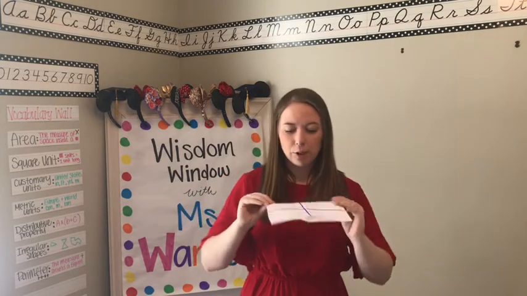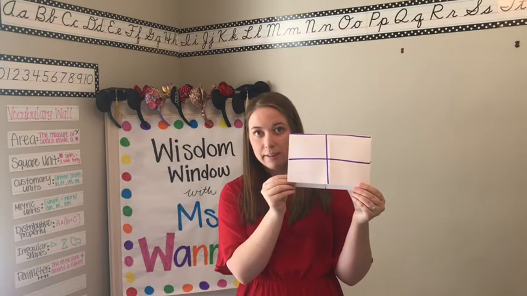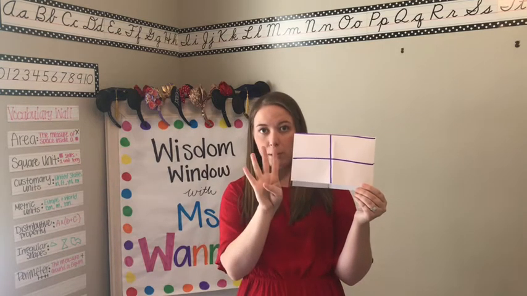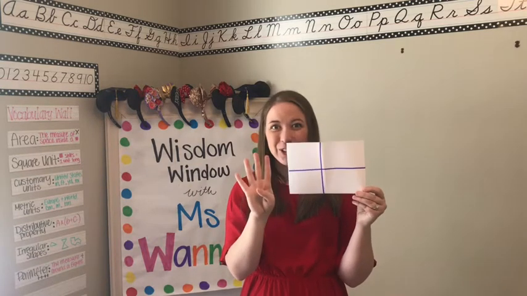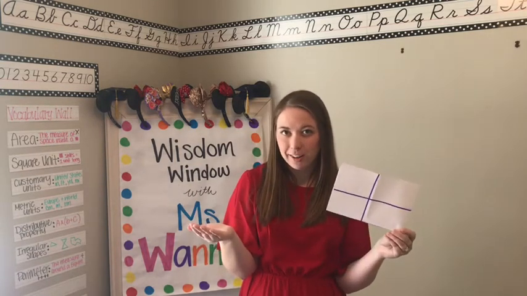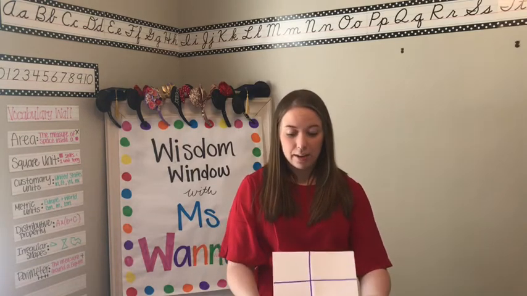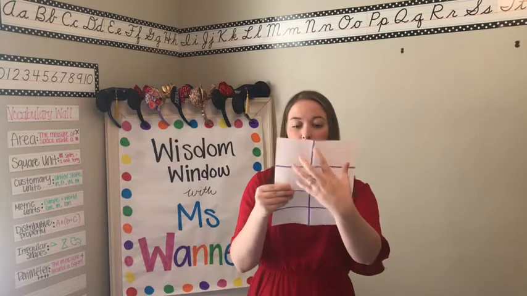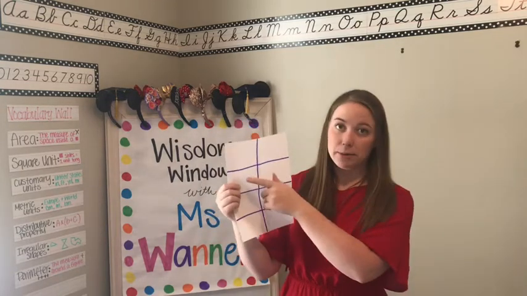Okay, now I have a question. How many square units are on this side? 4, exactly. What about this side? 4. Are they equal? They are. So that means we divided it correctly because both of the parts each had 4 square units.